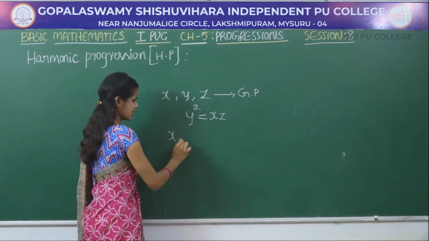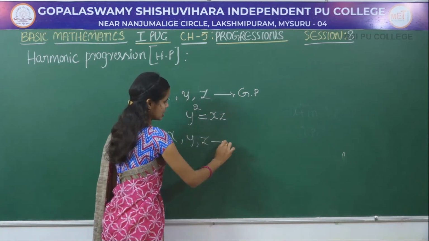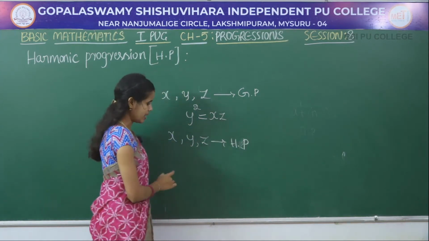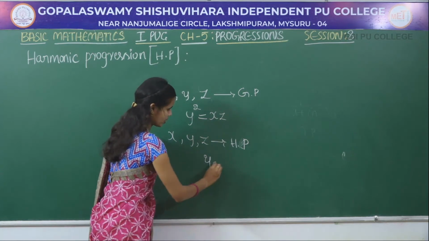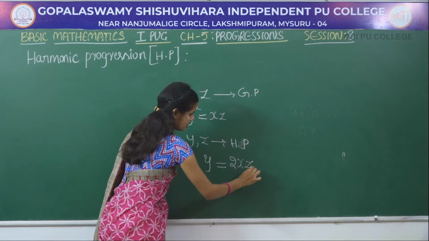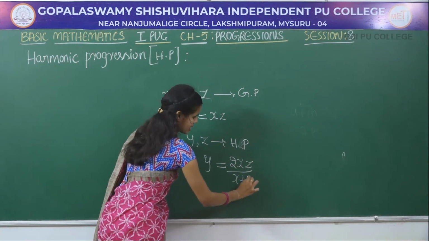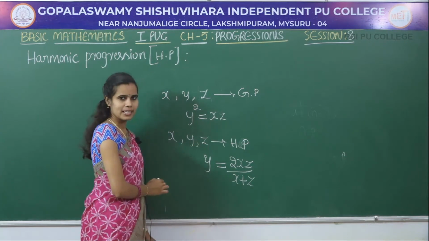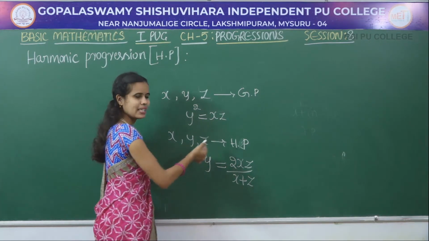Now suppose x, y, z are in HP, then y is equal to 2 into xz divided by x plus z. So this is the relationship between x, y and z when the terms are in HP.